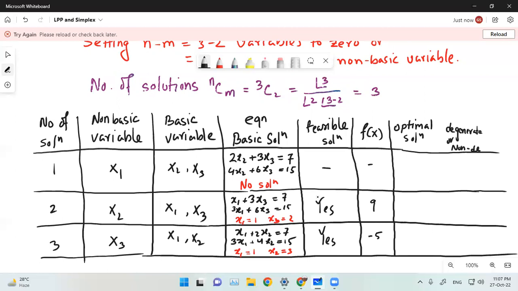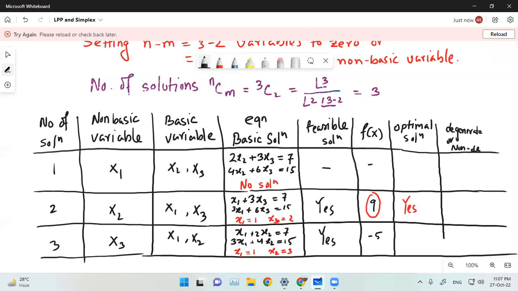And in this particular problem, it is a maximization problem. So we can easily see that this value is our maximum for this particular problem. So only in this case can we say, yes, this is the optimum solution.